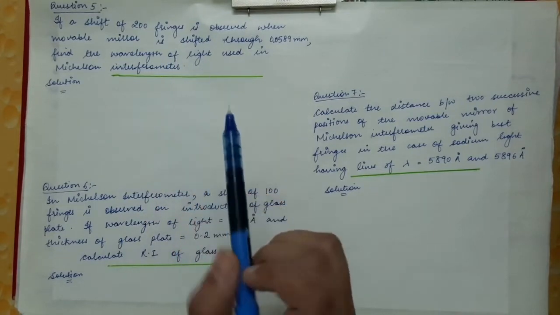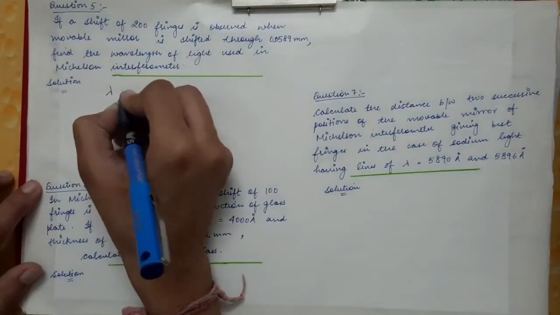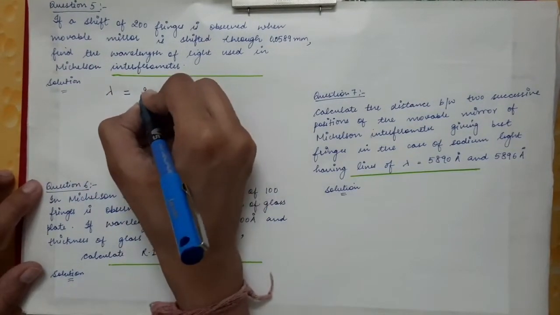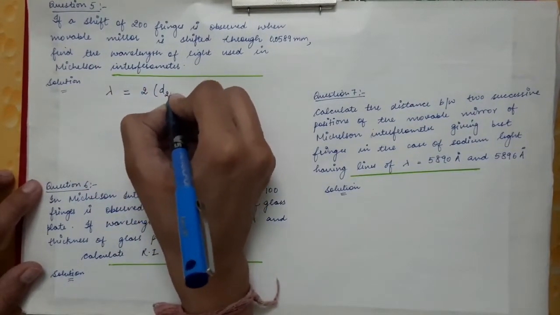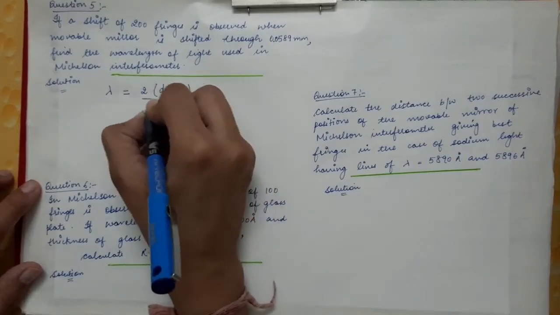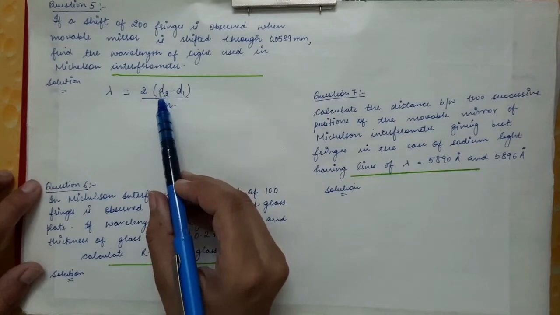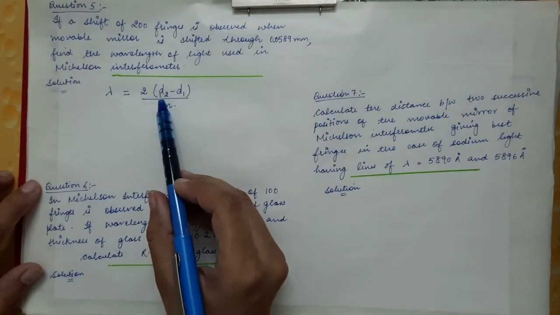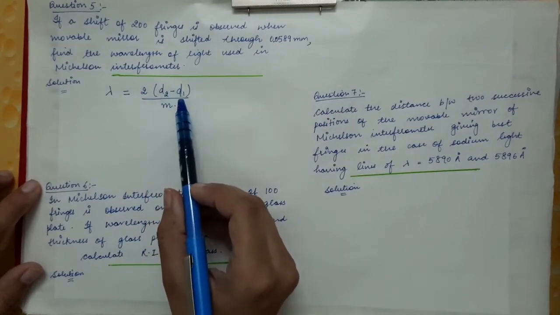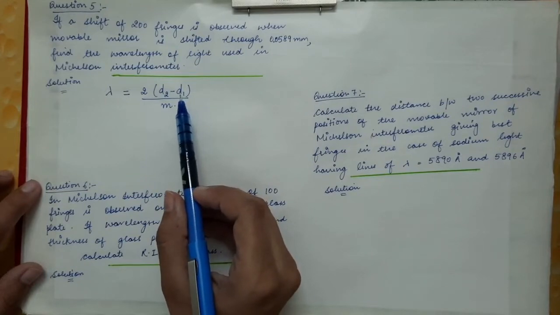The formula that we had derived is lambda is equal to twice of d2 minus d1, divided by small m. Now d2 is the final position of the movable mirror and d1 is the initial position of the movable mirror.